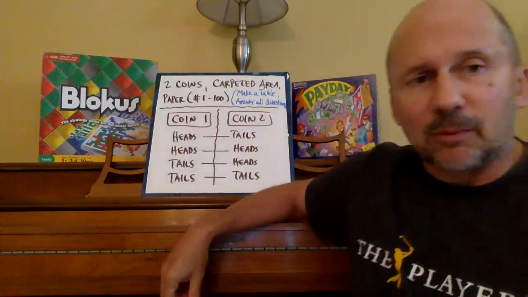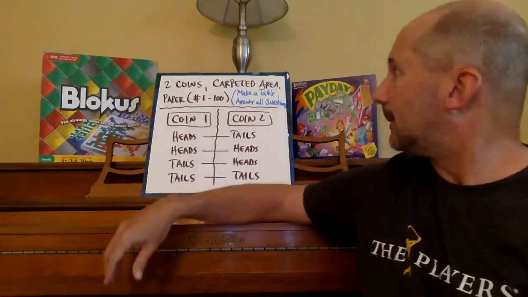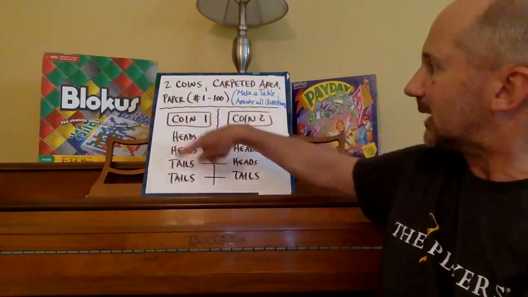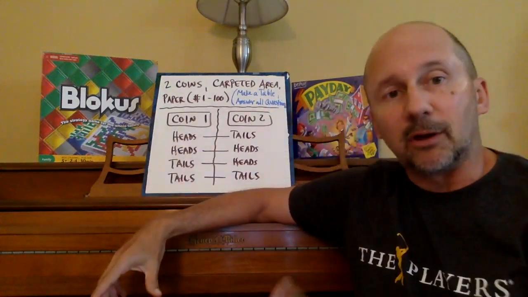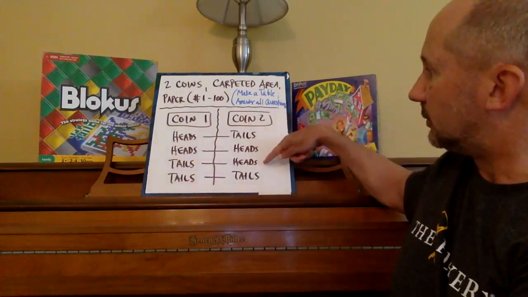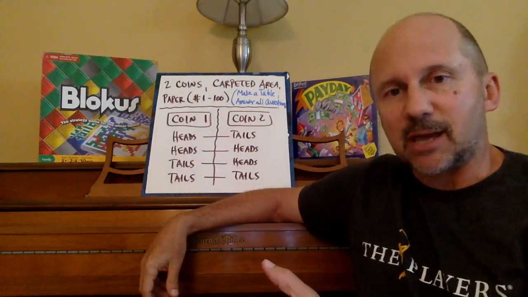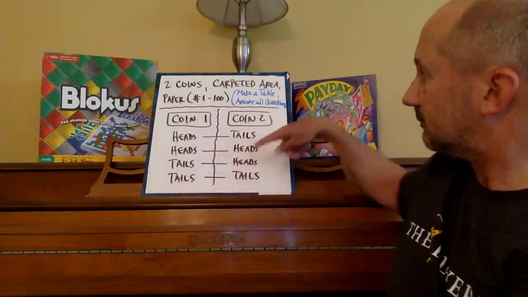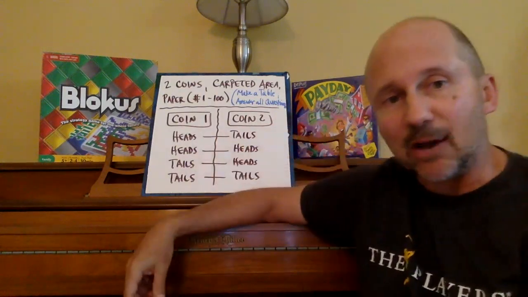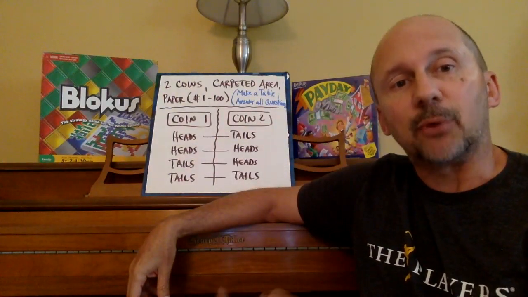But let's first of all talk about those first 6 questions, theoretical and experimental, okay? When I'm looking at this, there are a total of how many options? Okay, there's 4. 1, 2, 3, and 4. Out of those 4 options, how many of them say that they're both heads? Just the 1. So 1 out of 4. That should give you your theoretical probability that they're both heads.